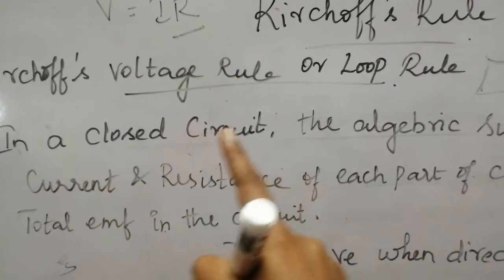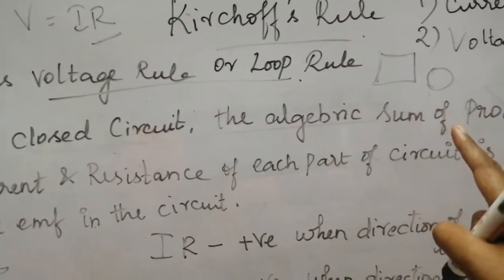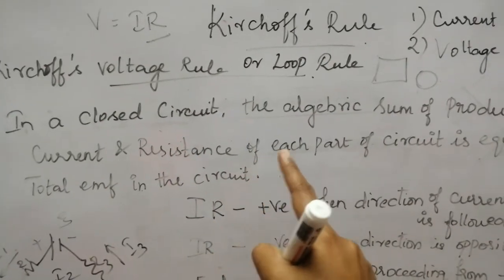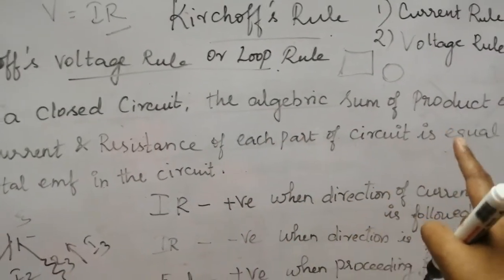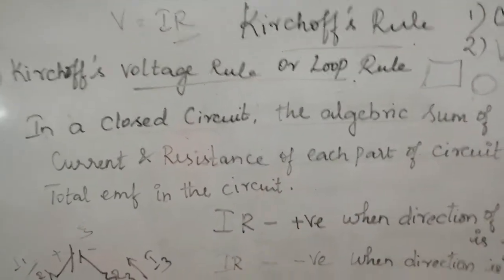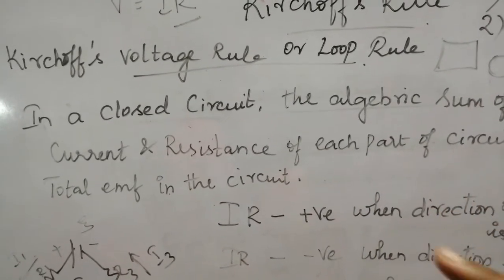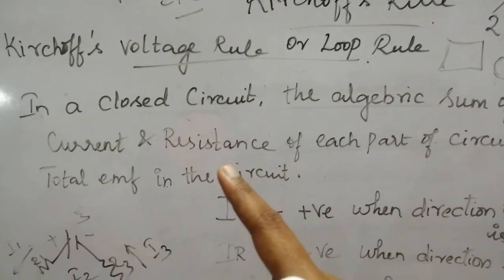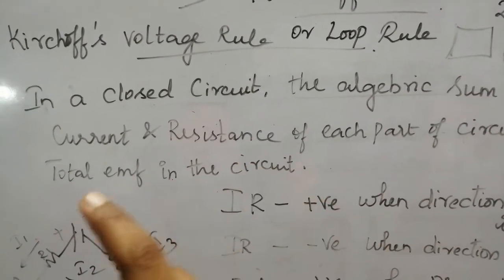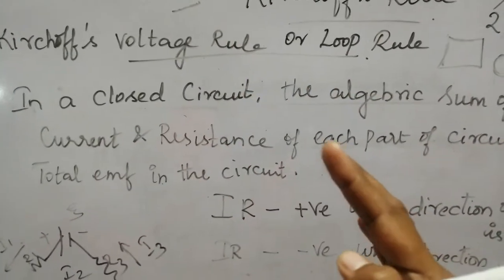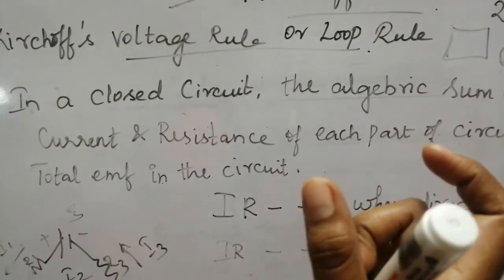In a closed circuit, the algebraic sum of the product of current and resistance of each part of the circuit is equal to the total EMF in the circuit. For the current rule, the sum of currents will be equal to 0, but in this case, for the closed circuit, the current and resistance value at each part will sum to the total EMF supplied, that is the total battery voltage.